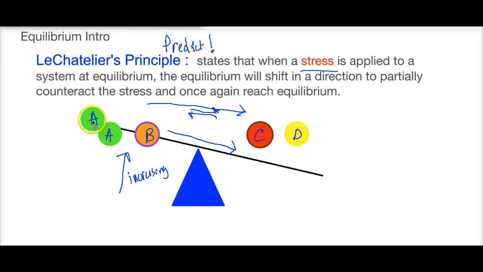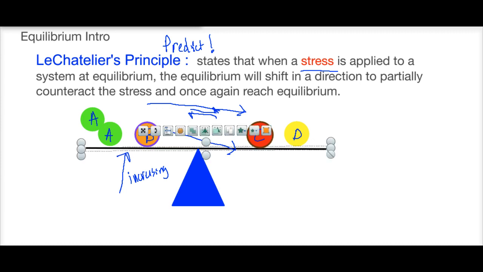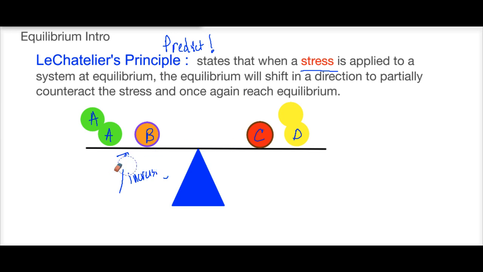If I were to increase, let's set it back straight. So if I were to then add more of this, so if I increased this side, that literally means I'm pushing it up.